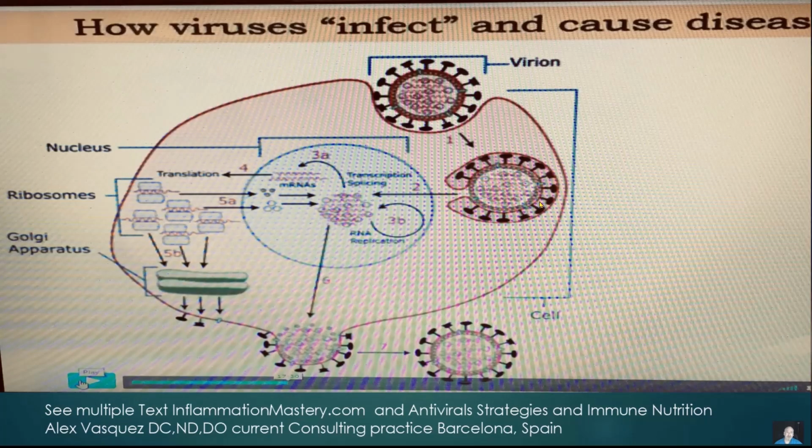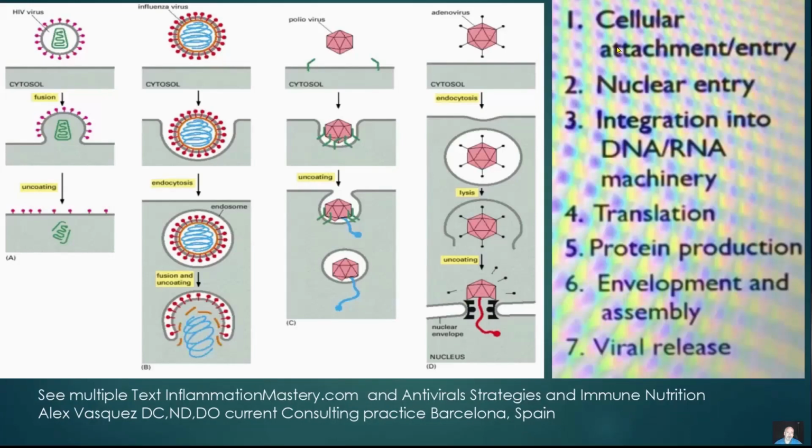The processes where viruses go in and replicate and make themselves and reproduce are pretty much the same. The shape of the virus may be variant, but the mechanisms are all pretty much the same. So what you'll notice is that they'll go through and attach to a cell, they get into the nucleus of the cell, they'll integrate their DNA and RNA into the machinery of our DNA, RNA. So whether you're looking at the HIV, the influenza, polio, adenovirus, all of them work through very similar processes to recreate themselves.